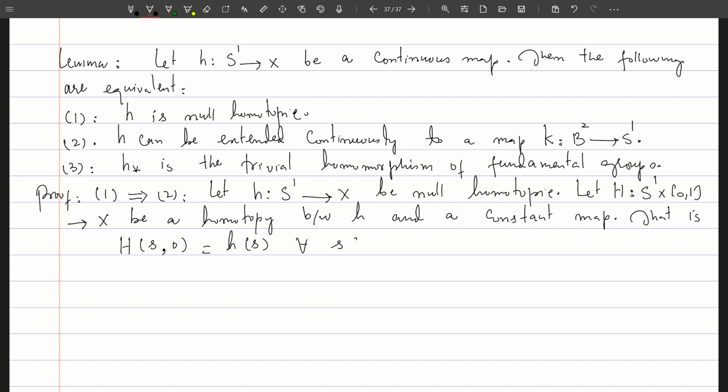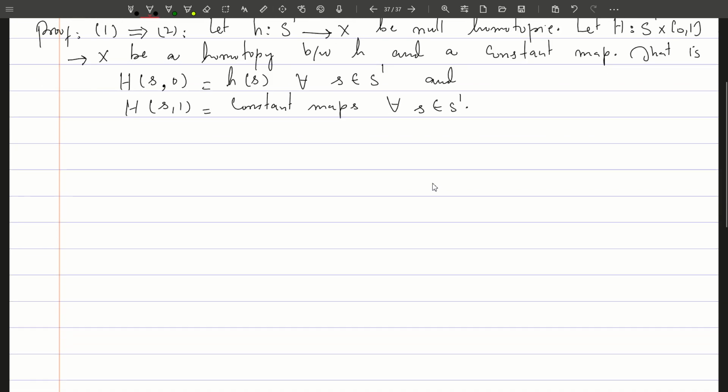This is true for all s in the circle S1, and H of s, 1 is the constant map for all s in S1. Now this is what we are given.